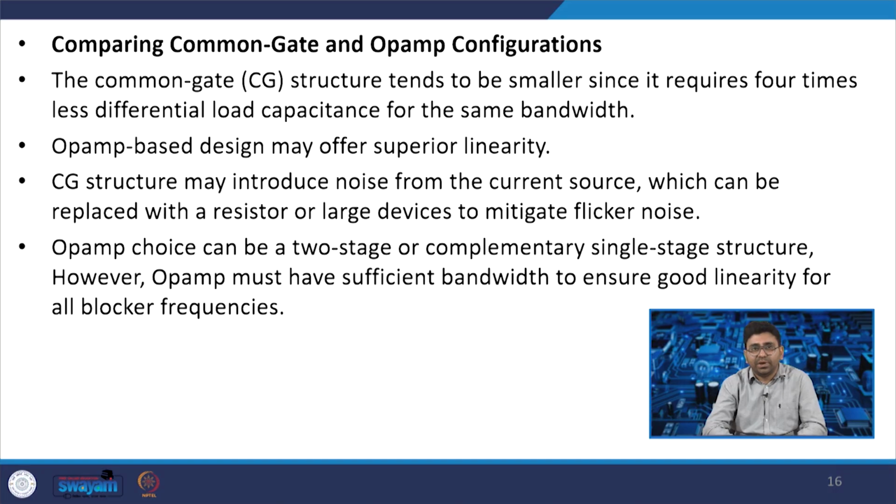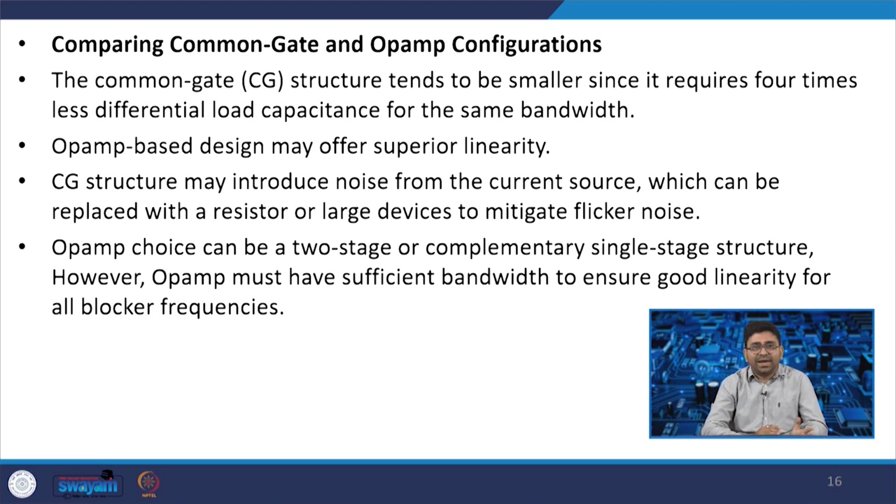If we want to compare the common gate and op amp configurations, the common gate structure tends to be smaller, since it requires 4 times less differential load capacitance for the same bandwidth. So, the common gate configuration is better in that respect. Now, an op amp based design may offer superior linearity.